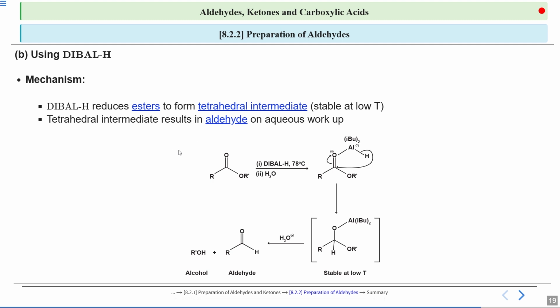When you treat it with DIBAL-H, you see that the DIBAL-H attacks the ester and forms this tetrahedral intermediate. At low temperature, this intermediate is stable, and on workup, it gives you an aldehyde and an alcohol. So we are starting with an ester. You treat with DIBAL-H, you get a tetrahedral intermediate, which is stable at low temperature, and when you do workup, you get a corresponding alcohol and an aldehyde.